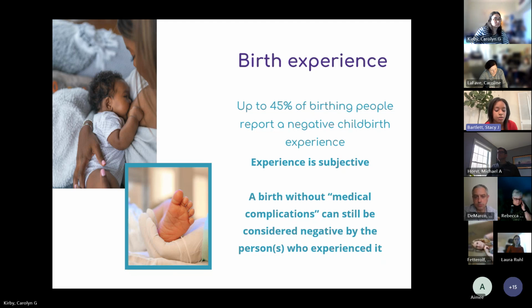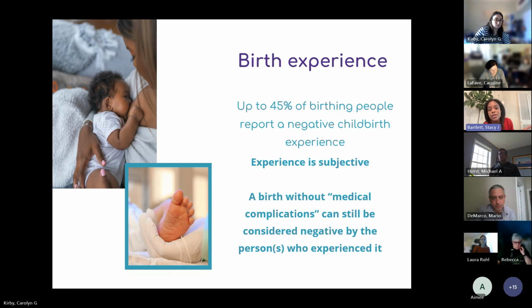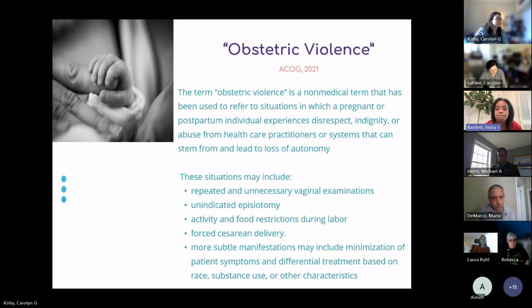I also want to make sure we understand that a negative experience does not mean that patients or family are sad that they had a baby. A negative birth experience does not equate to "I'm sad that this happened at all," or "I didn't want to have this baby." It just means there's something about the experience of the birthing that they would prefer to have gone differently.